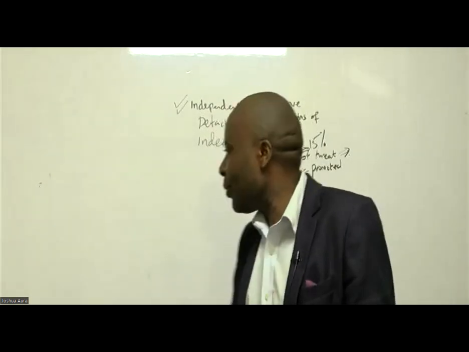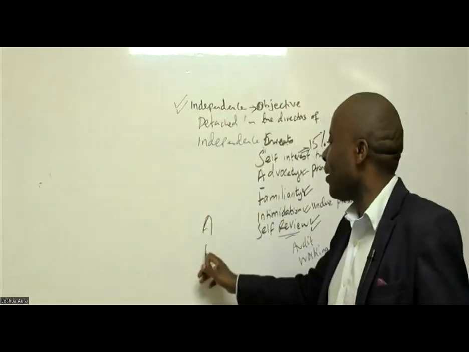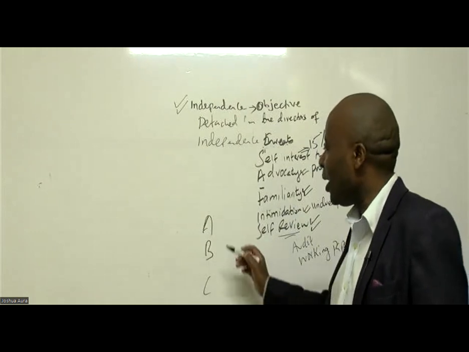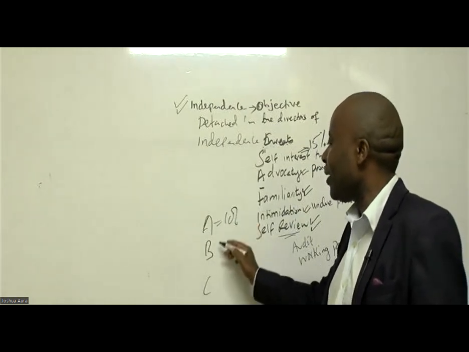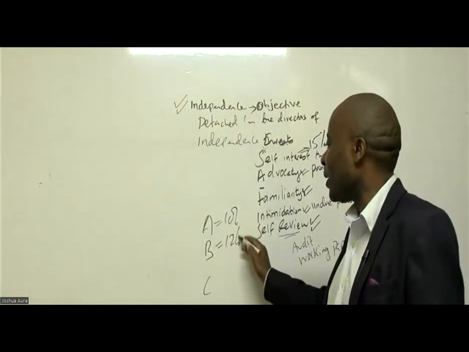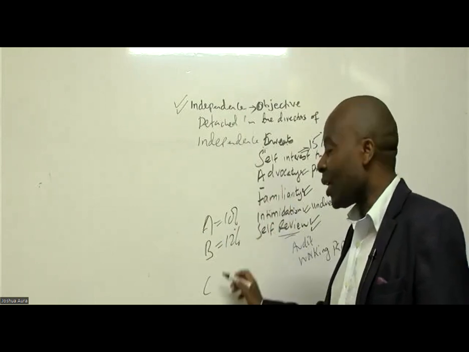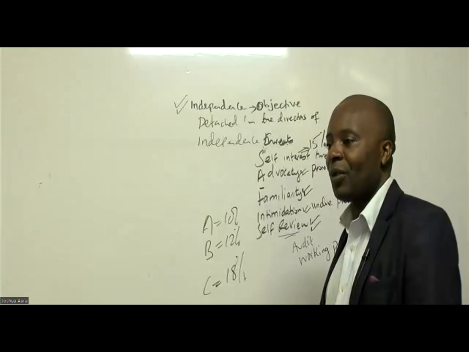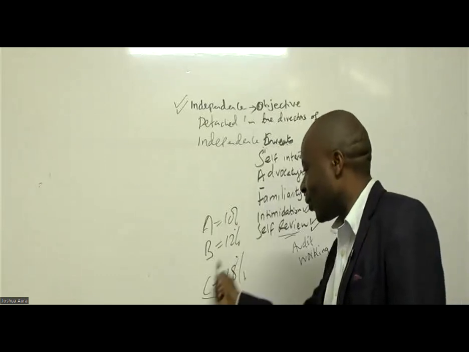So if, for example, we have 3 clients here, A, B, C, there could be very many. Maybe out of our total income, A is giving us 10%. B is giving us, for example, 12% of our total income. And then we realize that there is this client who is giving us, for example, 18%. This is so wrong.